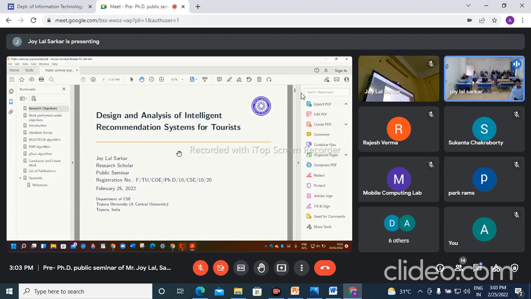So throughout my PhD work, this is the overview summary of my publications. You can see that I surveyed the existing works before I started my first objective, which is published in Multimedia Tools and Applications. Then the multi-tour concept, which is published in Expert Systems with Applications.